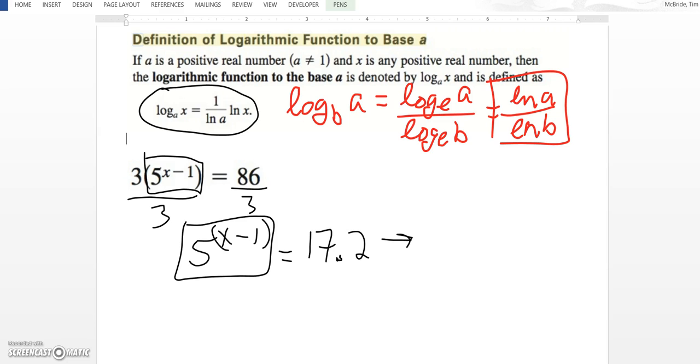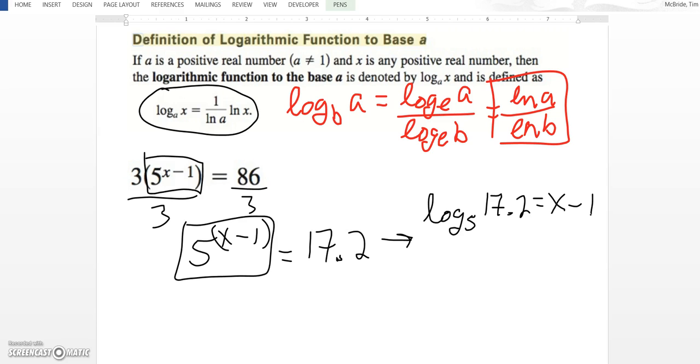Now at this point you can change it to logarithmic form, so you would change that to log base 5 of 17.2, and then remember the x minus 1 will flip over to the other side.